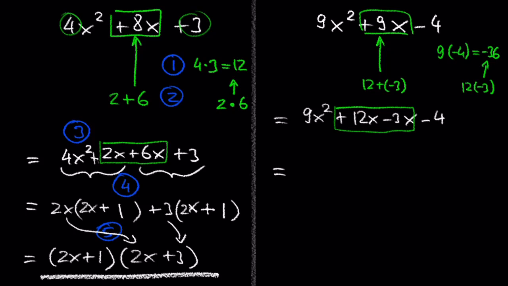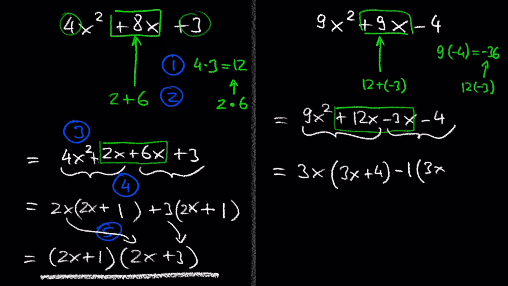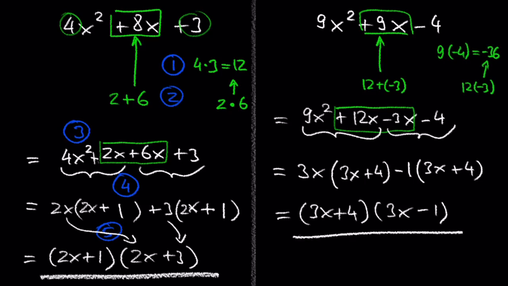Then we can factor out the 3x. And the negative 1. So we get (3x plus 4) times (3x minus 1). And we're done with this problem.